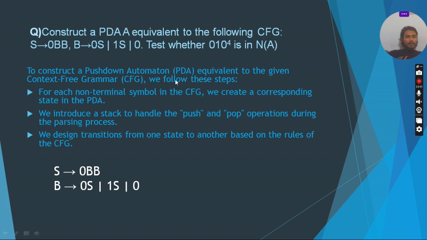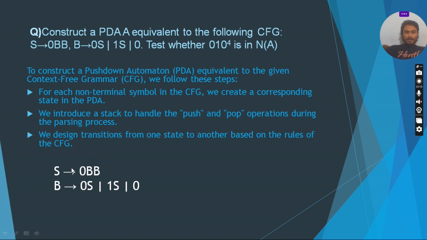To construct a PDA equivalent to a context-free grammar, we need to follow some steps: for each non-terminal symbol in the CFG, we create a corresponding state in the PDA; we introduce a stack to handle the push and pop operations during the parsing process; and we design transitions from one state to another based on the rules of the CFG.